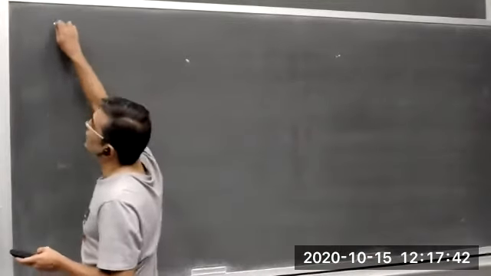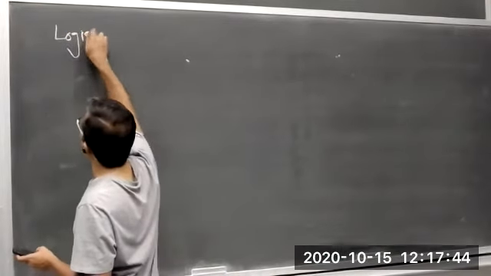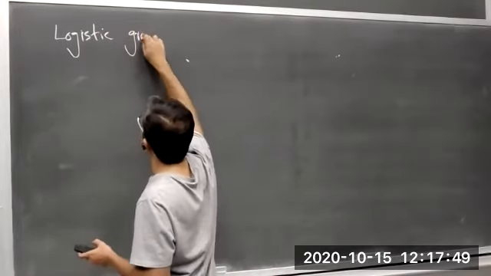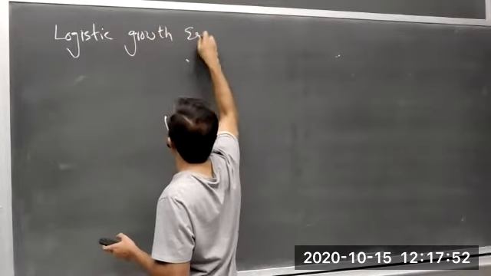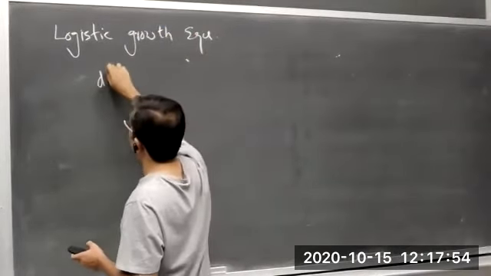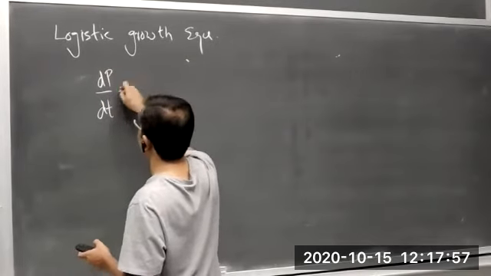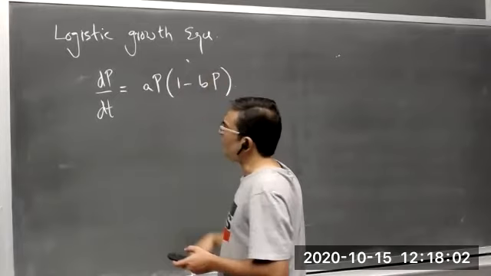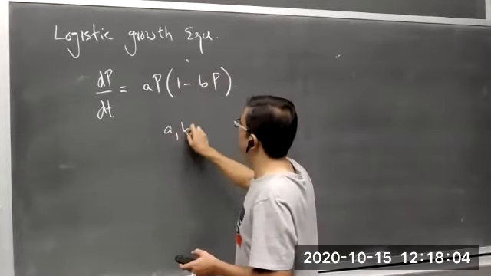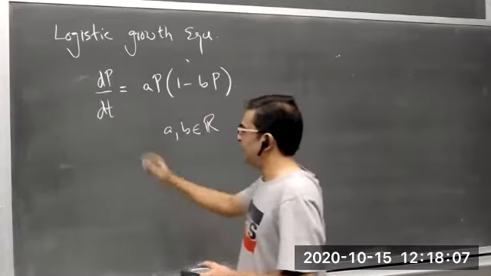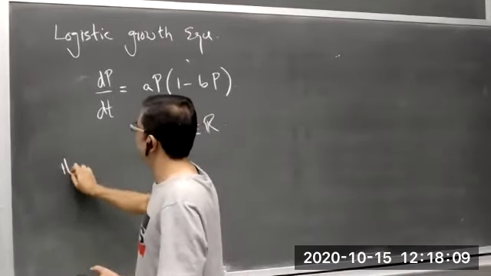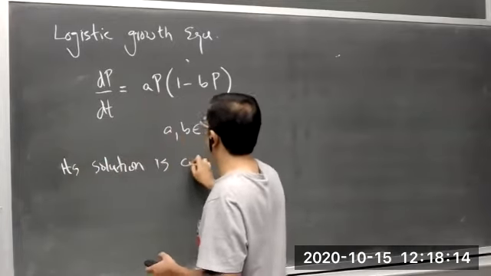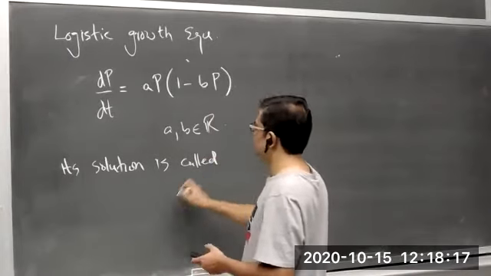So this is called the logistic growth equation, you can say. And it is dp by dt, in general, a times p times 1 minus b times p, where a and b are some real numbers. And its solution is called the logistic function.